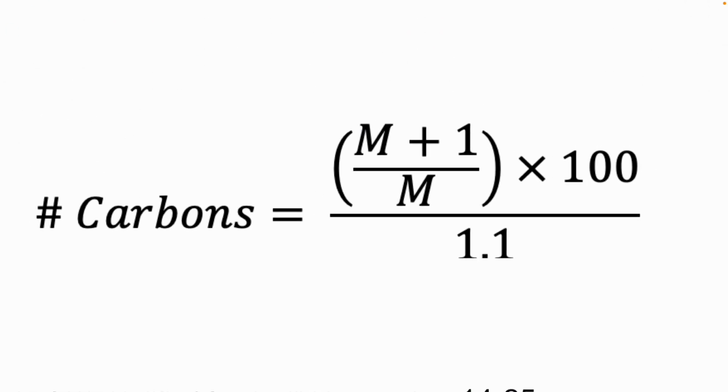When we look at these graphs, we're going to have both a graph and a table of the values. If we grab our M+1 value divided by M times 100 and then divided by that 1.1% abundance of carbon-13, we can use that to predict the total number of carbon atoms in our molecule.